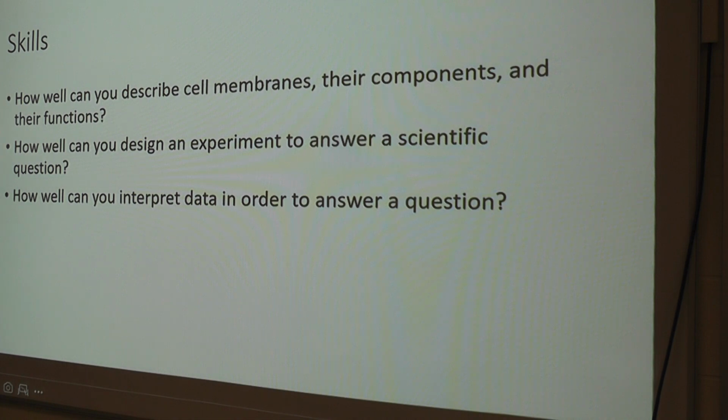Cell membranes, how they work, what pieces go into a cell membrane, and how all those pieces work together to allow the cell membrane to do its job. But I also want you to be able to do some broader science. And so one of the things that we're going to look at today is how can you design an experiment? If you want to know something, how can you design an experiment to figure it out?